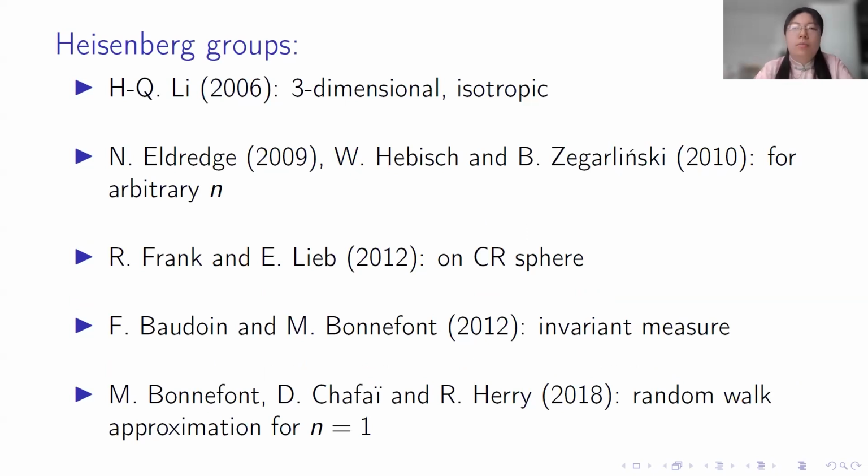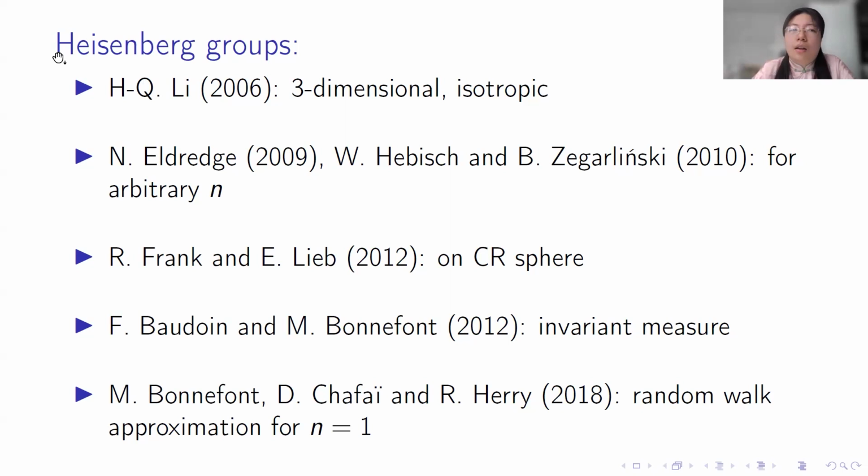Still, let me briefly go through some literature. In terms of the study of log Sobolev inequalities in the sub-Riemannian setting, most of the work has been done in 2 cases. One is the Heisenberg group, and the other is SU2.